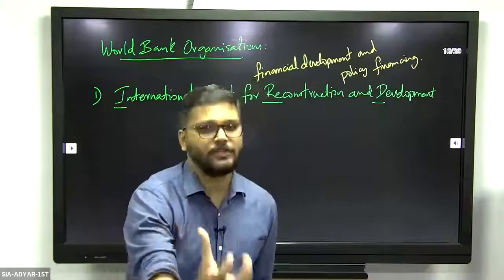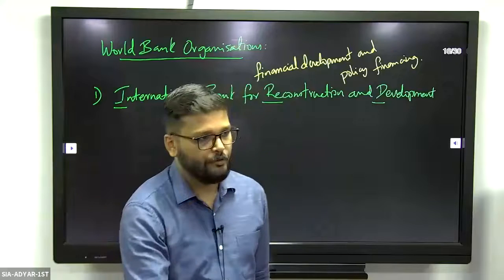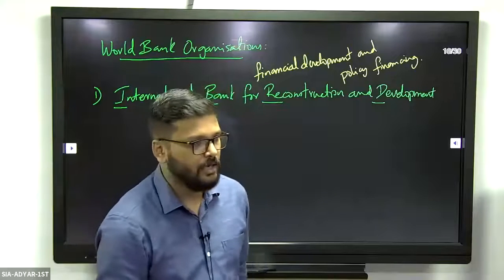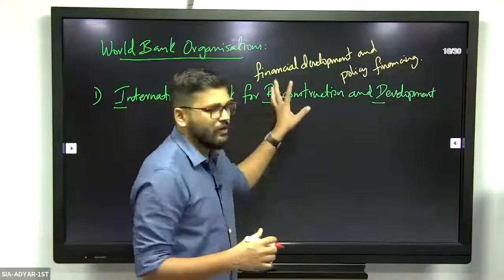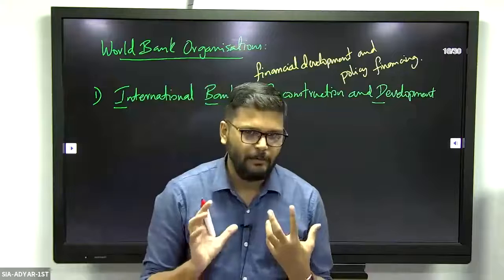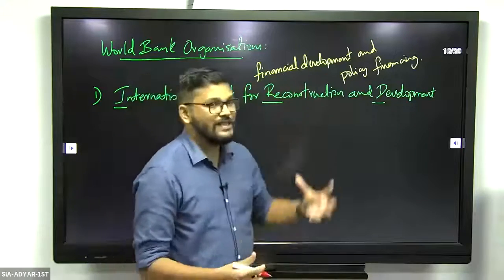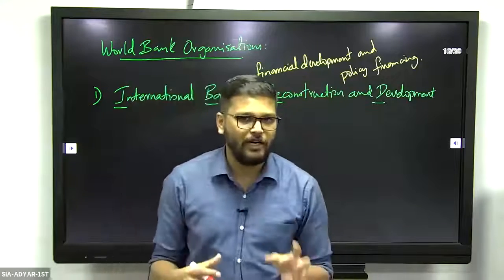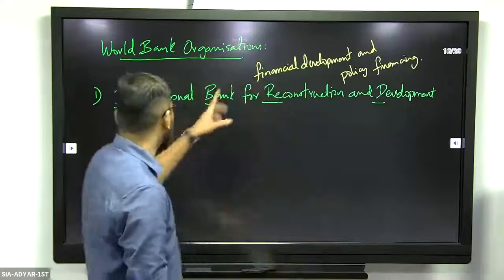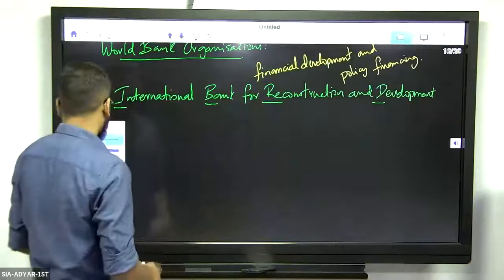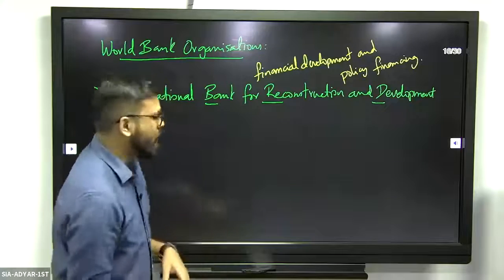Like the World Bank wants better infrastructure in a country. Like say in Chennai, we are building the metro railway. The World Bank says, okay, we will provide a loan for that because it is in line with improved infrastructure in a place. So those sort of loans are given by them. They provide only loans. So loans towards financial development of the country, as well as certain policies which they want to be implemented. World Bank says, if you implement this policy, I'll give you a loan for that. So that sort of work is done by the International Bank for Reconstruction and Development, primarily focused on developing countries, to improve the developing countries.